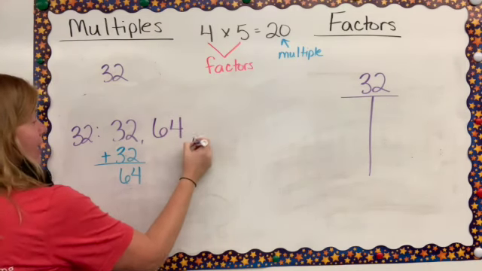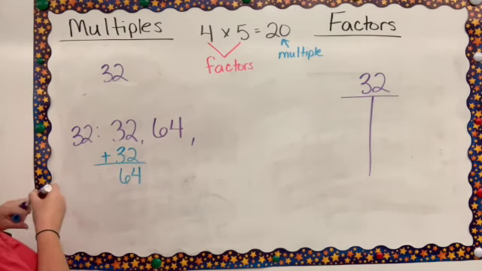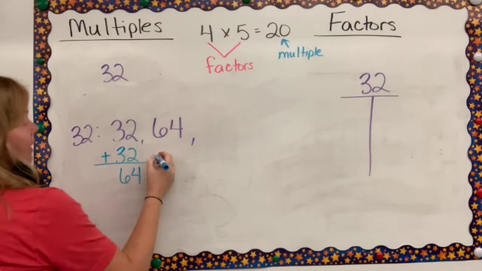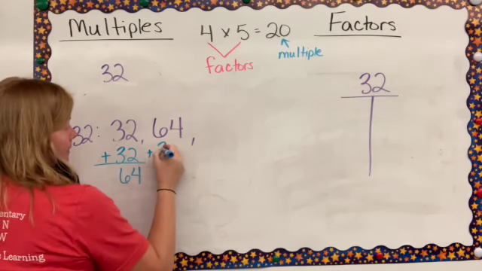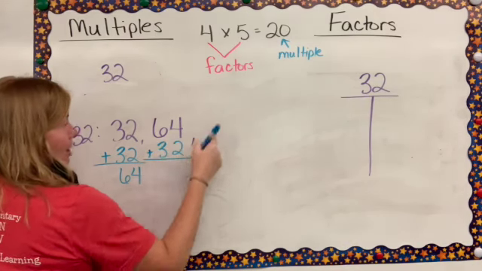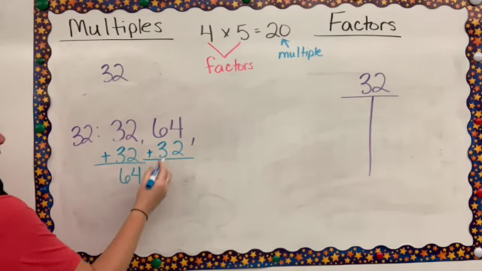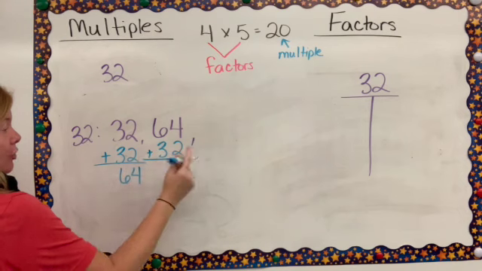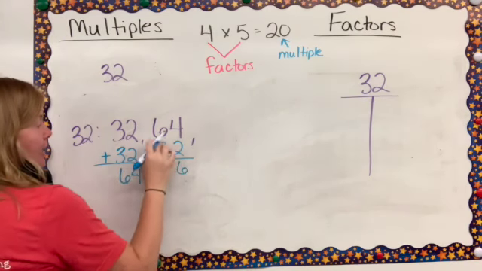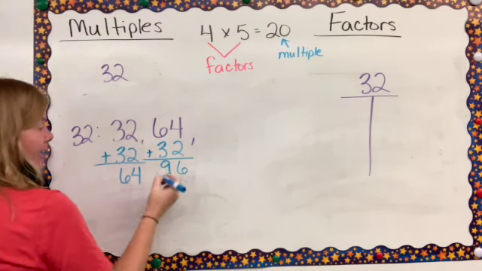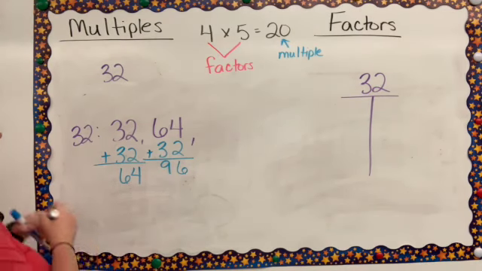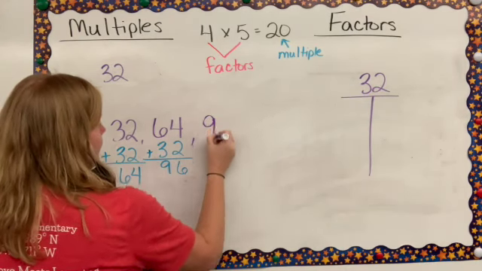And then when you get to 64, you need to add 32 again to figure out what your next multiple is. All you're doing is adding 32. 4 plus 2 is 6. 6 plus 3 is 9. 96. So my third multiple is 96.